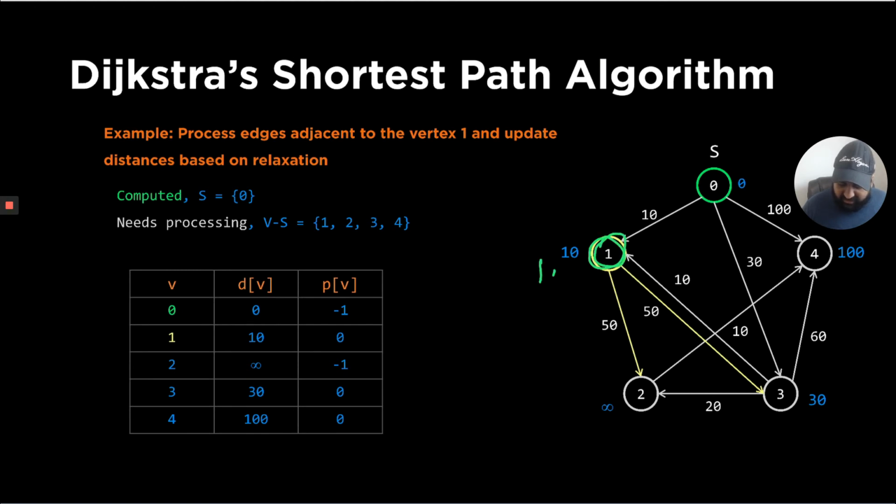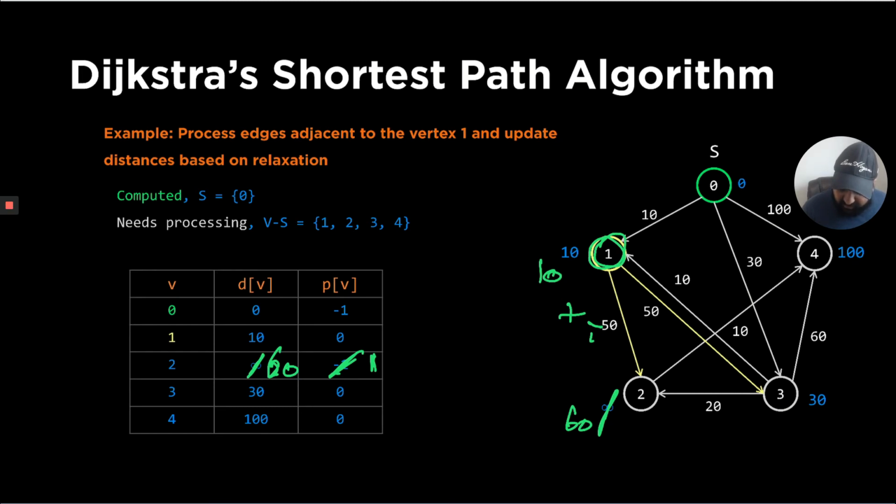So it will be 10 plus 50. Now 60 is less than infinity. So we are going to replace the value of infinity on the vertex 2. So here at number 2, we'll change this to 60. The predecessor of 2 will now become 1 because the path is coming from number 1.